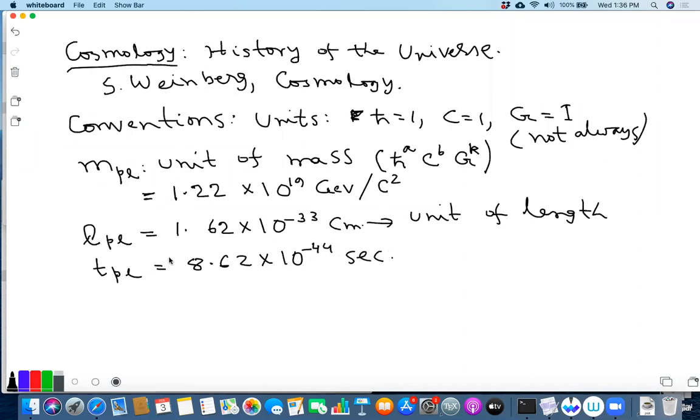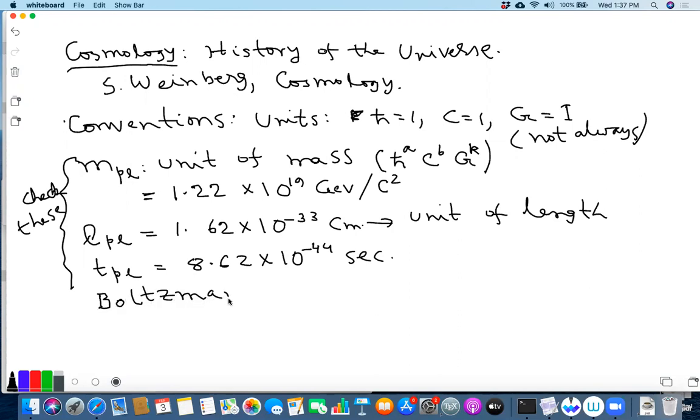I'll leave it as an exercise for you to work this out. The procedure is straightforward. As I said, you just take the general form, determine a, b, k by dimensional analysis, and substitute the values of h bar, c, and G in known units. Another constant that will be useful for us is the Boltzmann constant.